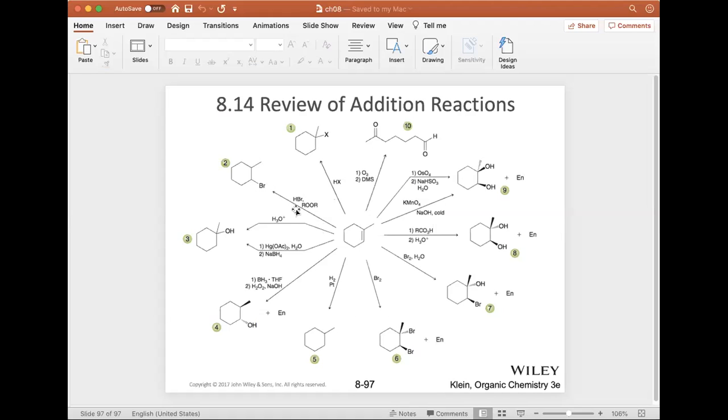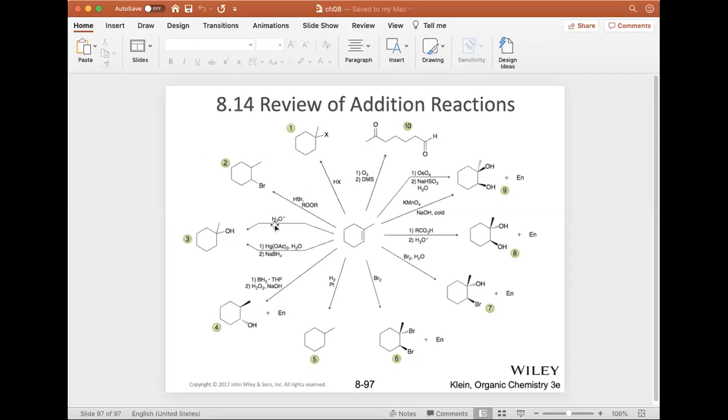The second one is HBr, hydrogen halide, and peroxide. That product is anti-Markovnikov, and the mechanism of the reaction is totally different. It's radical. There's no rearrangement or anything. Just know that it's anti-Markovnikov, and that's enough. For hydration of alkene, there are 3 different reactions that you need to know.